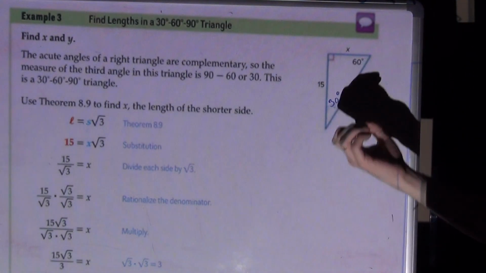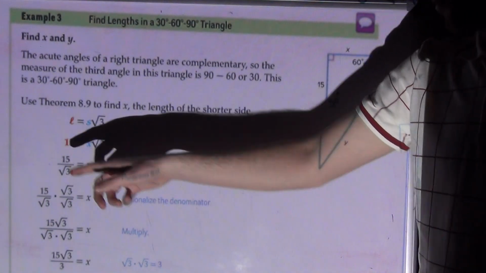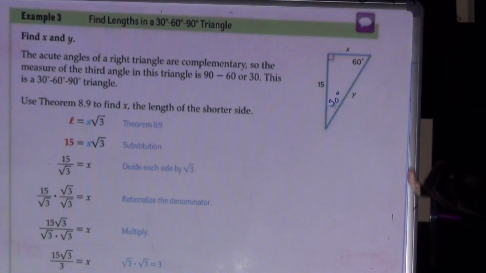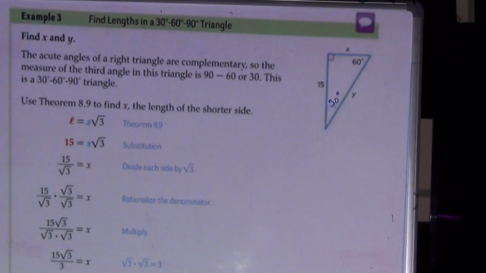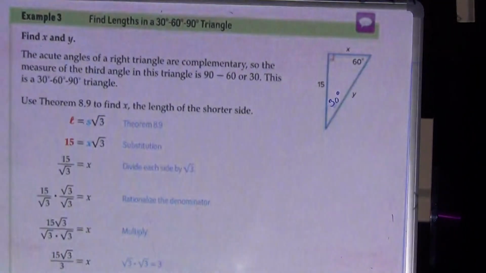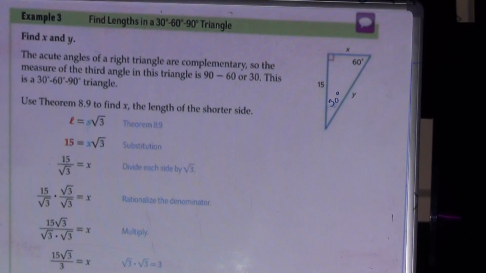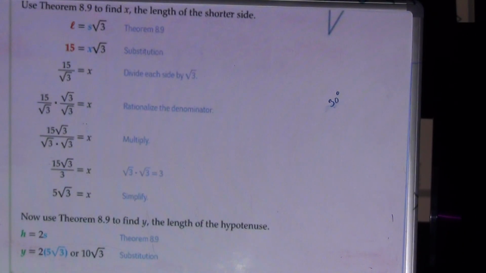So to find the actual length across from the 30 degree angle, we have to divide by root 3 like we did in the last problem. And again, we cannot have a square root, not just square root of 2, any square root in the denominator. So you rationalize like we did in the last problem, and you end up with x equal to, you multiply by root 3 over root 3, that becomes 15 root 3 over 3. Then you can do 15 divided by 3 is 5 root 3.